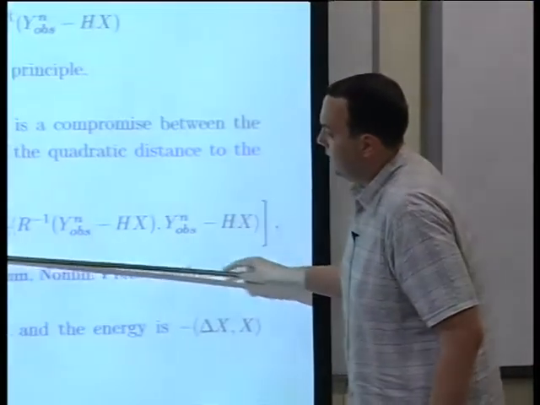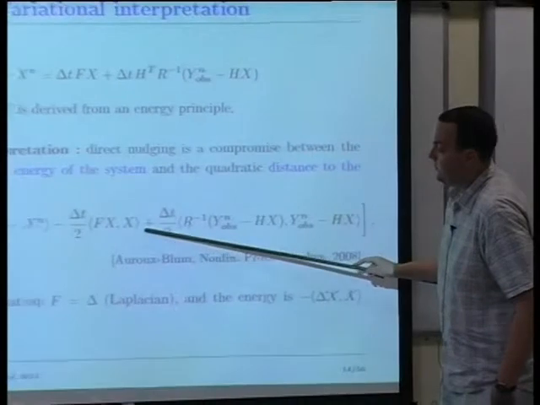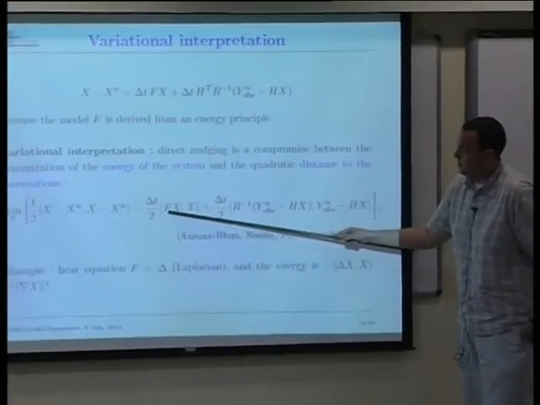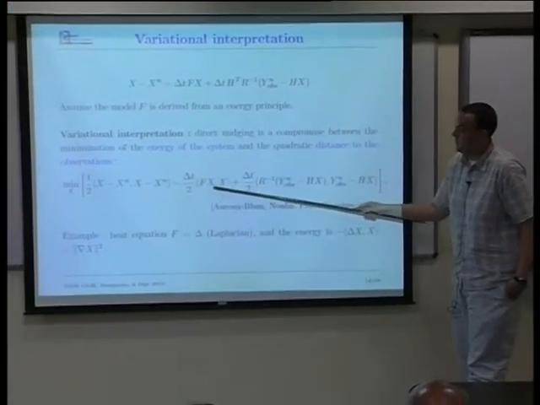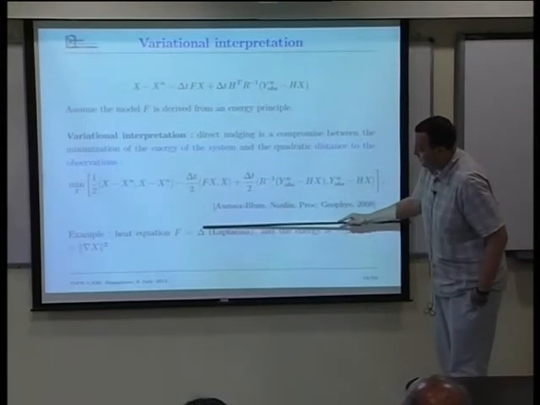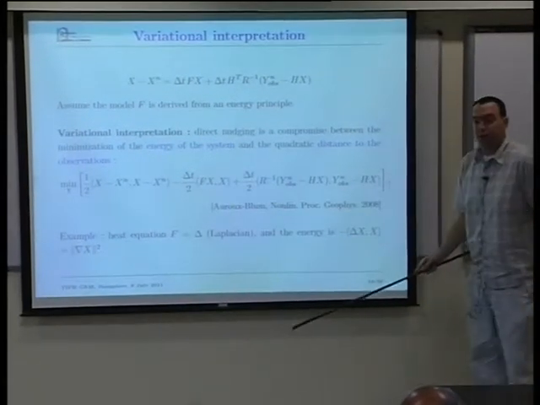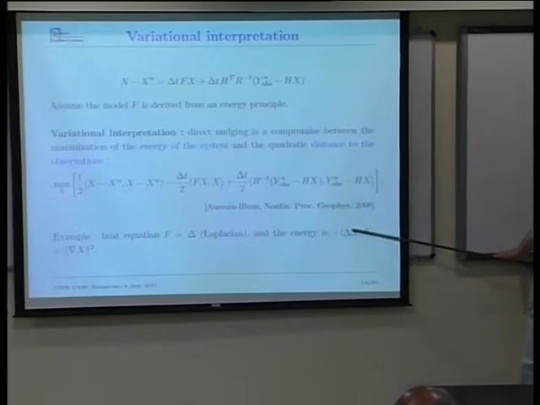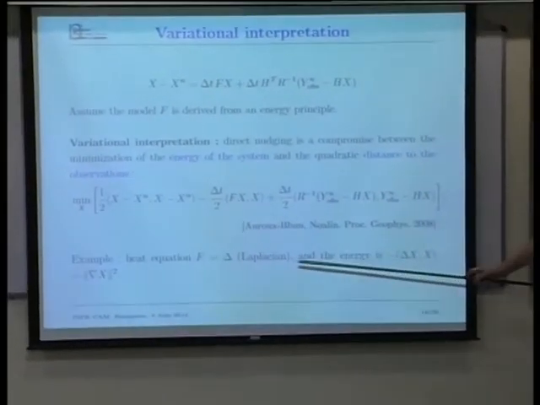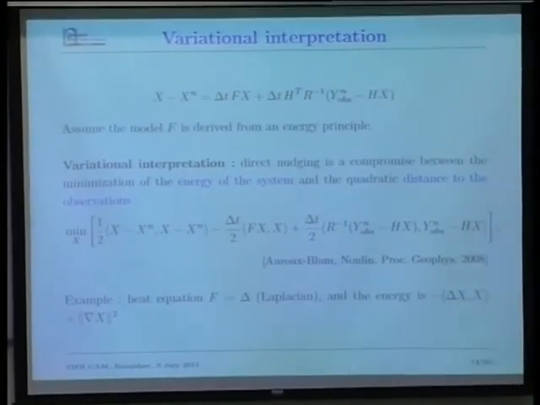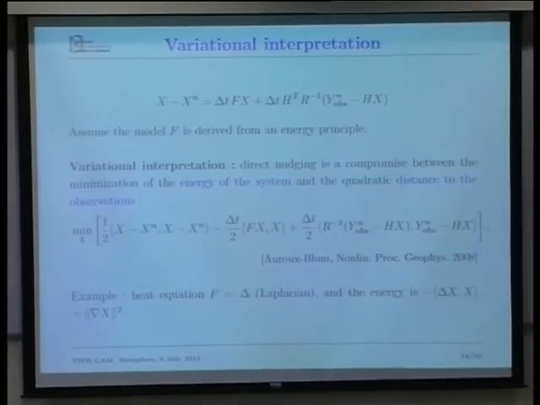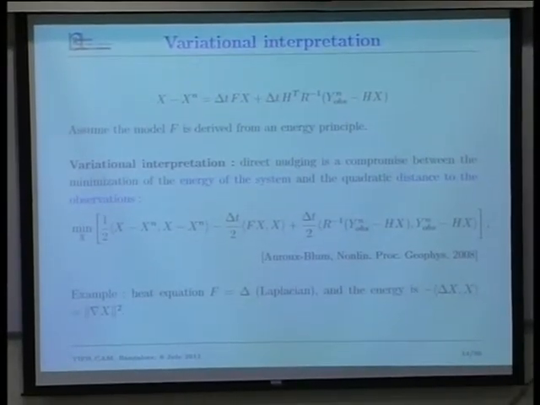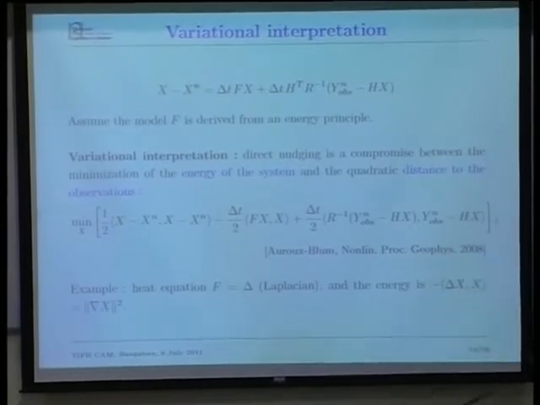So here you have the energy of the system, the scalar product between f(x) and x with a minus. For instance, if f is the Laplacian, then minus Laplacian x dot x is simply the square norm of the gradient of x. So this is the standard energy for the heat equation.